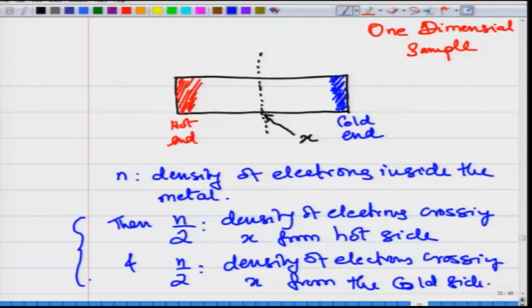Now, this is important because the electrons are only carrying thermal energy, and we do not want any net charge or net electric current to flow along this direction, across x.